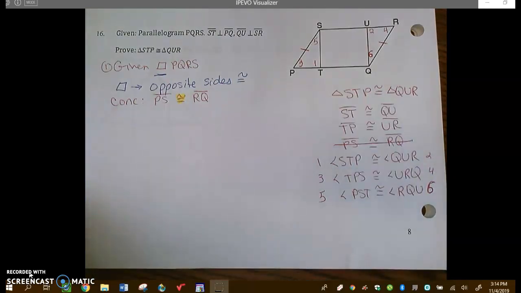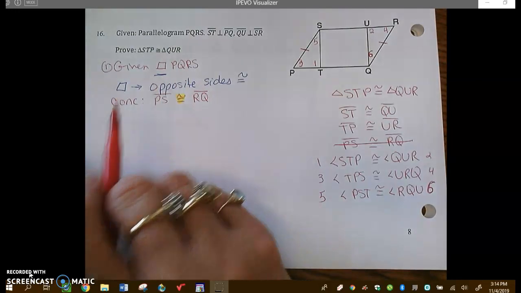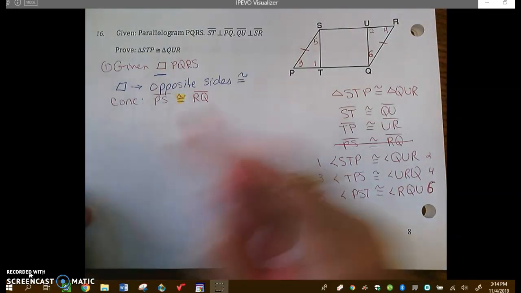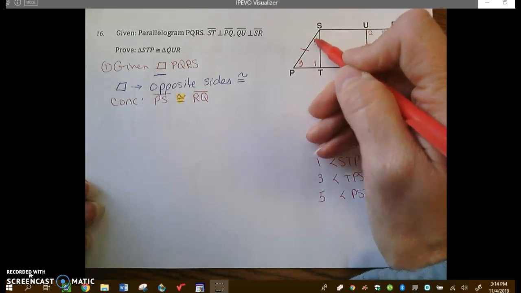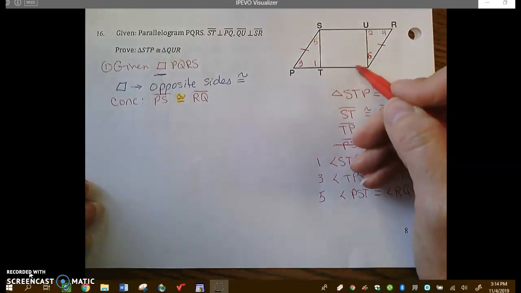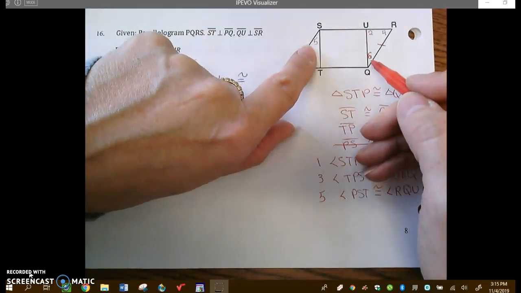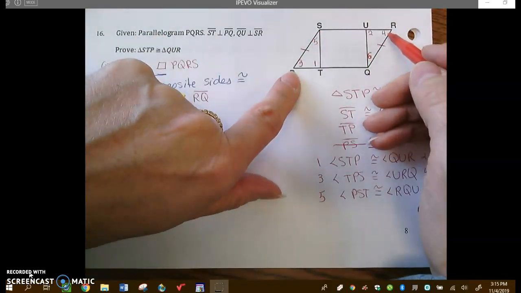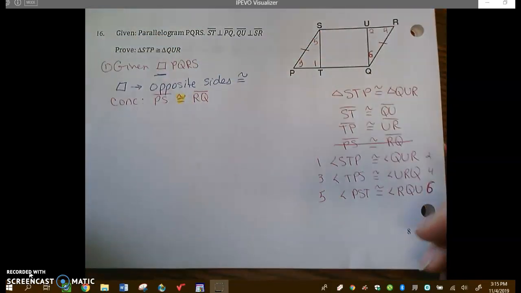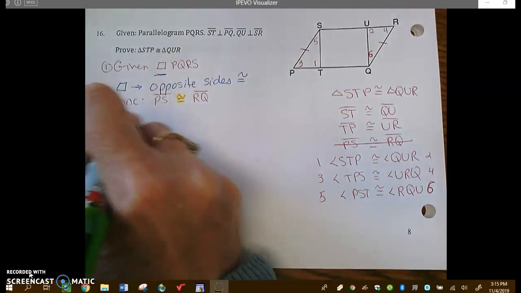I need 2 more. Now there's another fact about a parallelogram. Opposite angles are congruent. So this whole angle up here can be congruent to this whole angle, but that's not helping us because I only want 5 congruent to 6. So I can't use these opposite angles. But what about angle 3 and 4? Those are opposite angles. So with this first given, I can do another reason.